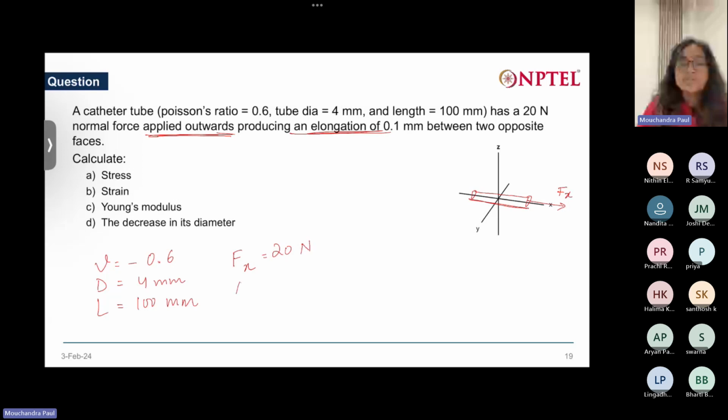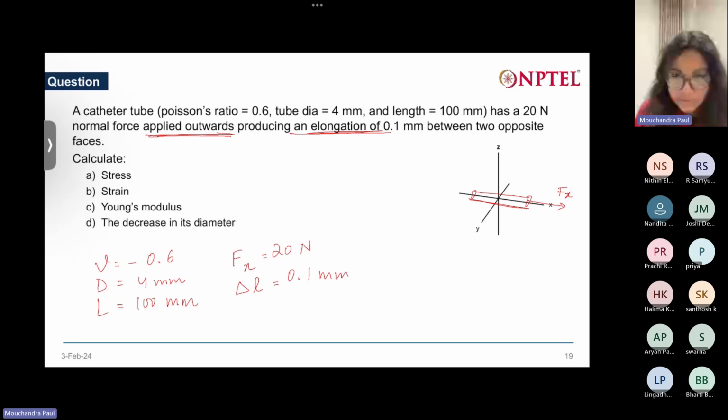The elongation that the material has experienced. Since Fx is in the X direction and this X direction is parallel to the length of the cylindrical tube, it will be delta L and its value is 0.1 mm.